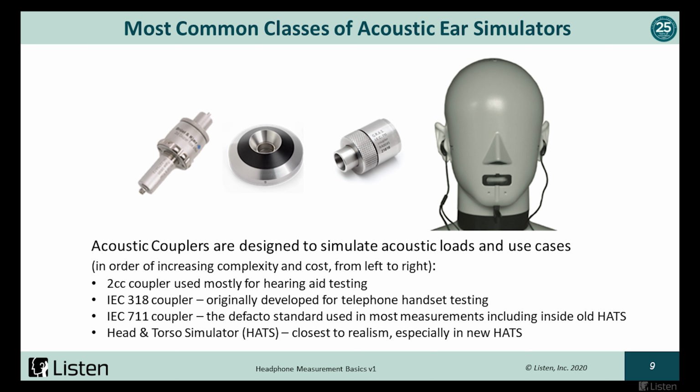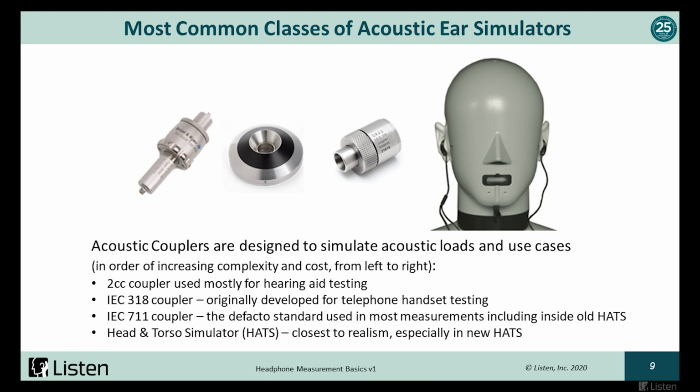When people were testing handsets, one of the problems was how to get a good seal. They had what they call a knife edge ring around the top, and you really had to make sure it sat flat on the receiver in order to get a decent measurement.